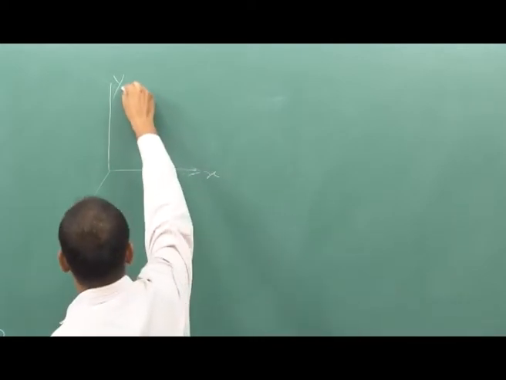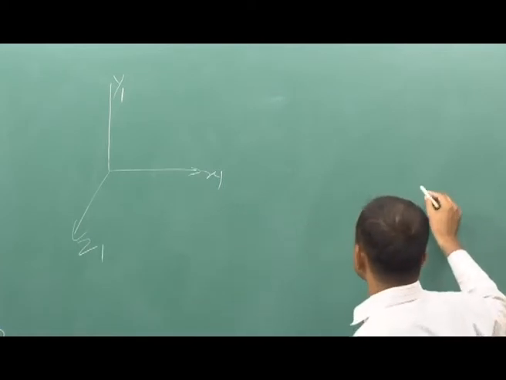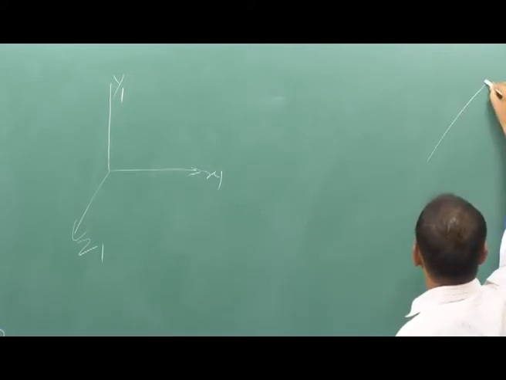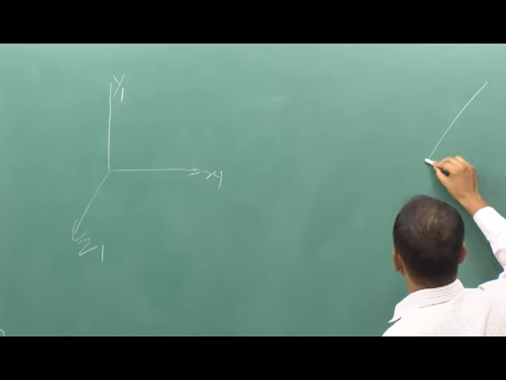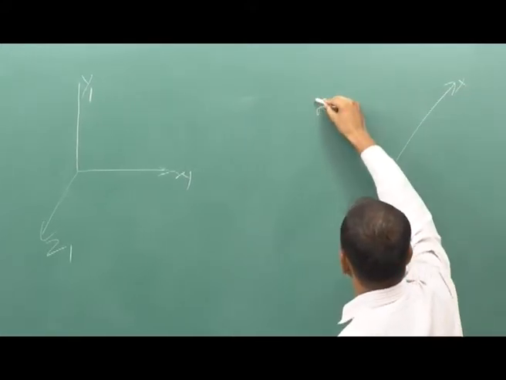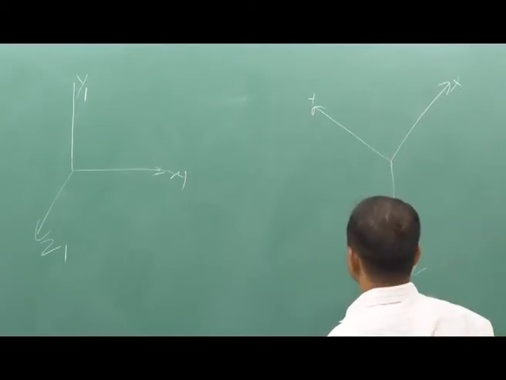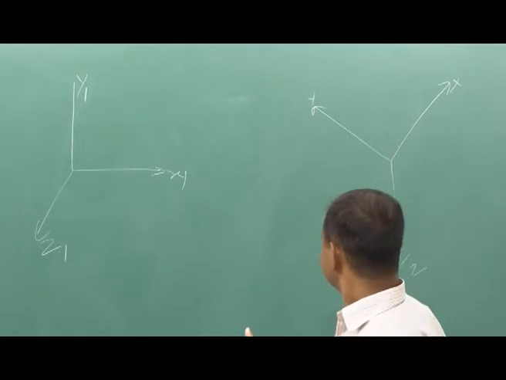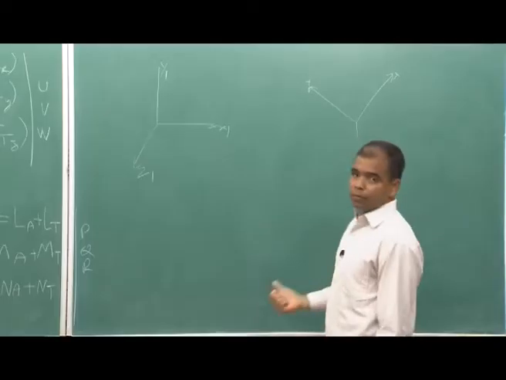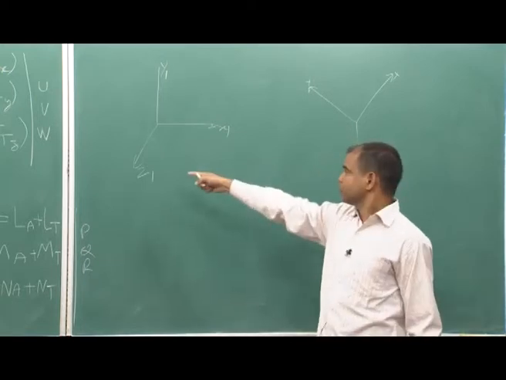If I write it x1, y1 and z1, and we have another frame, this is our aircraft body frame. So, how can we transform our equation from this frame to this frame?